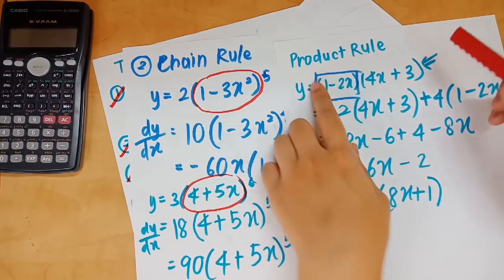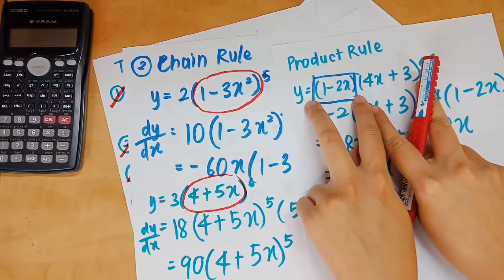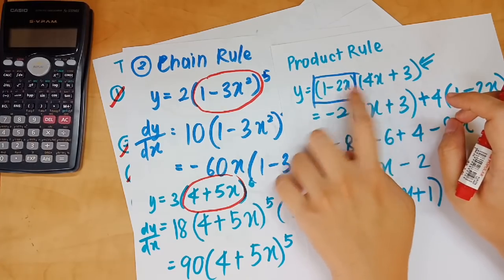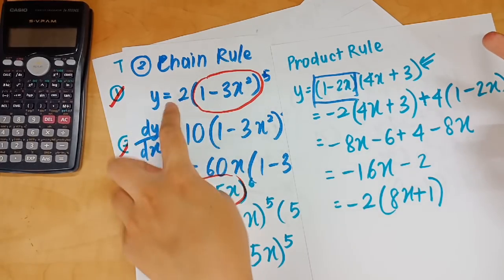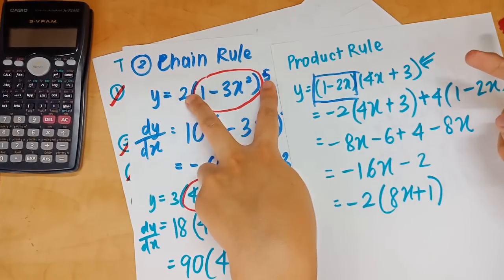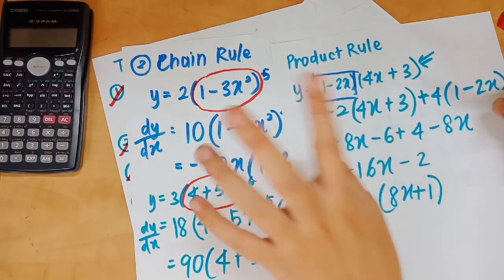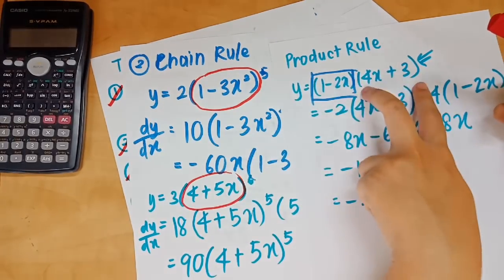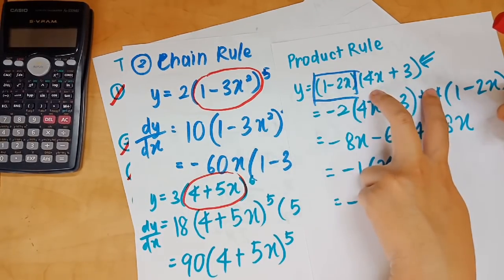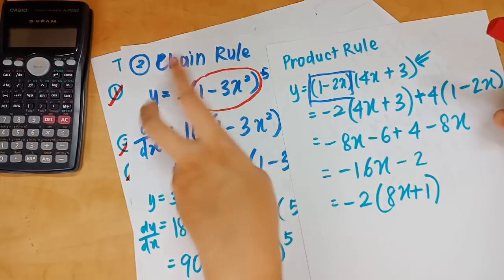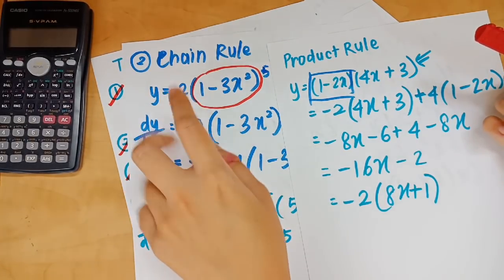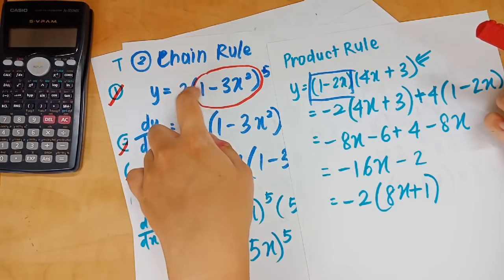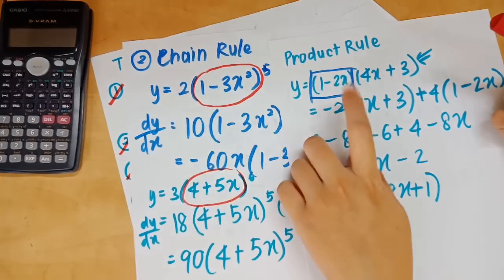And the product rule is when both things here, they have x, both sides of this have x. But for product rule, both items here have x. As for the chain rule, the first item here will only have a number and not x. If it has an x, then it is product rule.